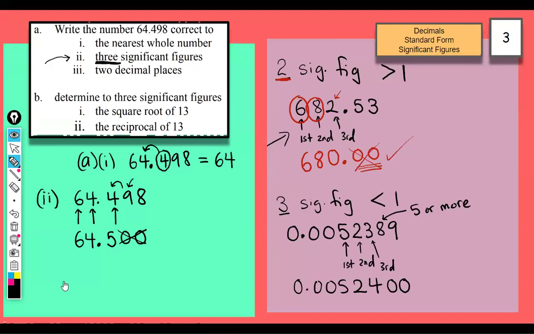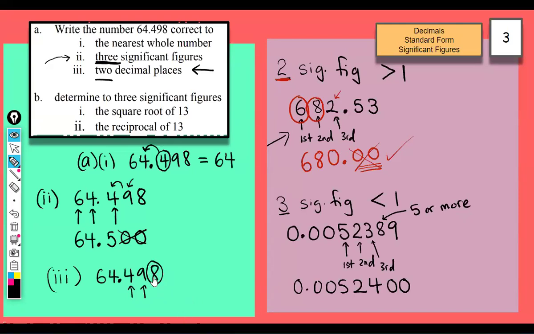To round it off to 2 decimal places, I think this one has a small trick in it. Let me write back this. You have 64.498. Now remember, decimal places is the one I like because you literally start to count after the decimal point. And we only want 2. 1, 2. Do we need the 8? No, but the 8 is greater than 5.